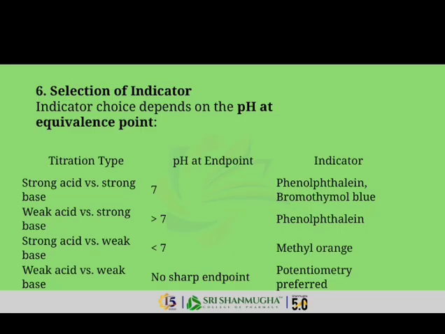The indicator is phenolphthalein. Strong acid versus weak base, the endpoint is less than 7. The indicator used is methyl orange. Weak acid versus weak base, no sharp endpoint. Potentiometric methods are preferred.